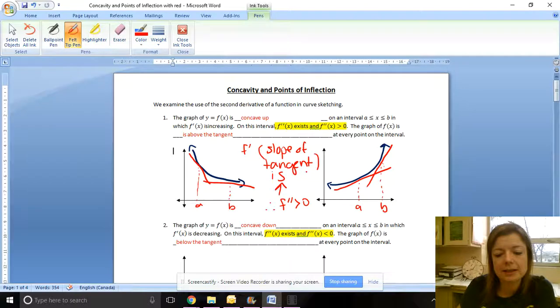And that's what it says up here: if a graph is concave up on an interval, then the second derivative exists and is greater than 0. The graph is above the tangent at every point in a concave up section. Again, if a graph is concave up, its slope of the tangent is increasing, which means the second derivative is positive.